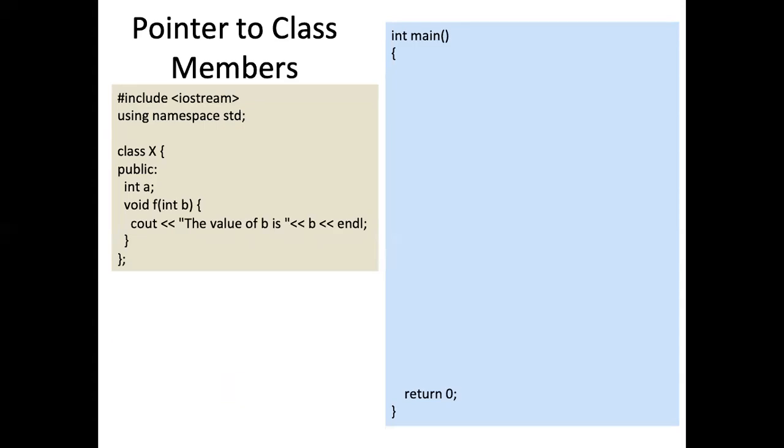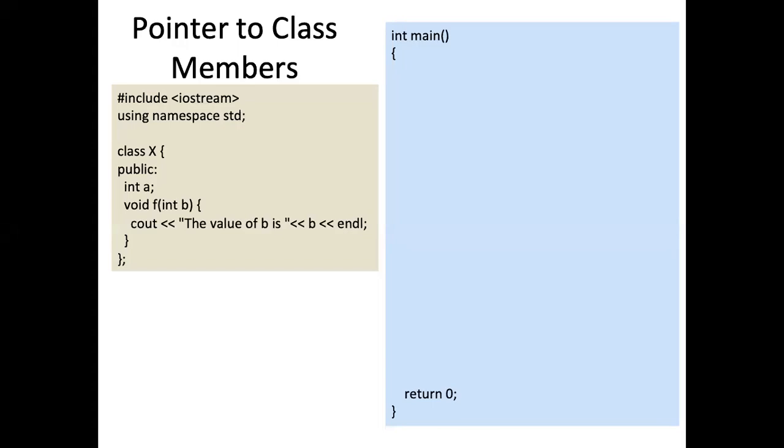Okay, so I'll just start from a recap of what we did last time. Primarily, we discussed pointers, and we discussed that you can define pointers that could point to not just the whole class or the struct, but you can define pointers that point to the individual members of a class.